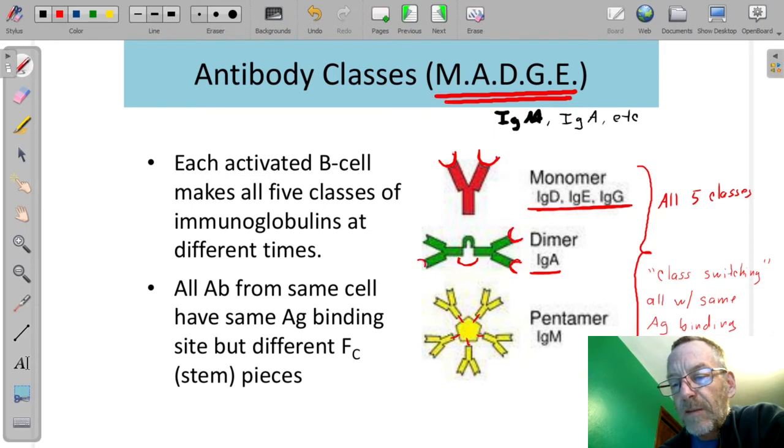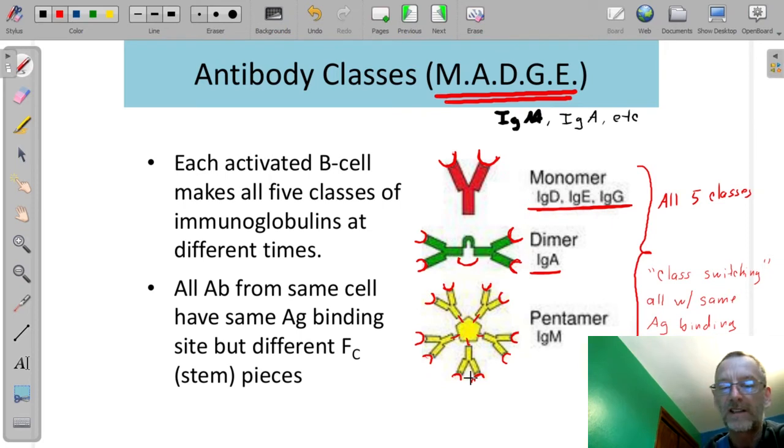So they're all still coming out of the same B cell, and then these as well. So that one activated plasma cell is producing all 5 classes of these antibodies at different times, but they all have the same antigen receptor, but they have different stems to them. So it's the stem that makes them different, not the antigen binding site.